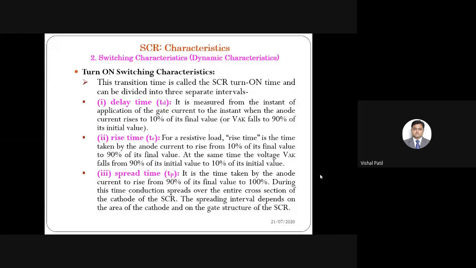Okay, so actual in that interval current spreads all over the switch. Okay, so these three terms, these three intervals together are nothing but the on time. So you can say T on is equals to TD plus TR plus TP. Okay, spread time plus rise time plus delay time is equals to on time for any SCR.